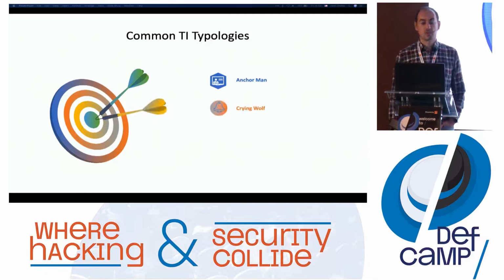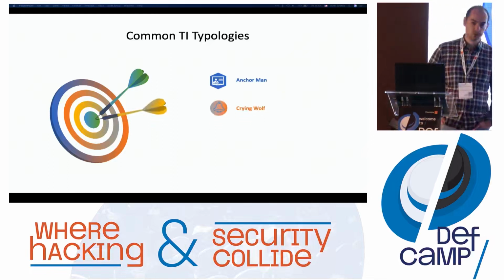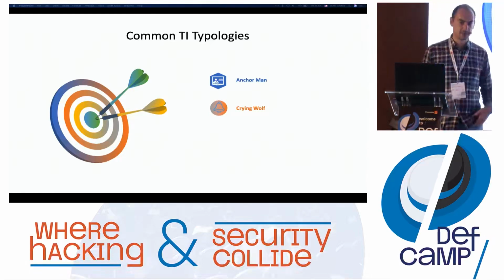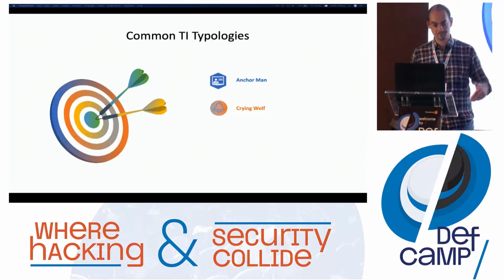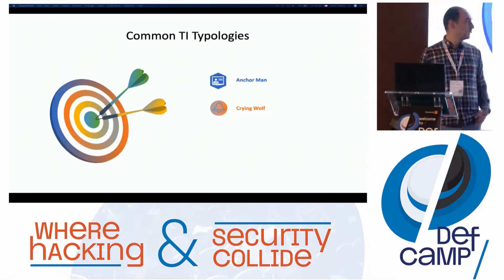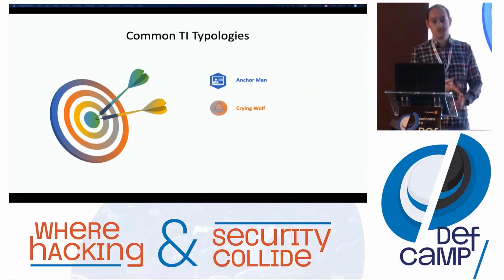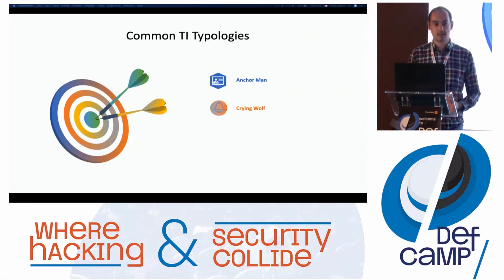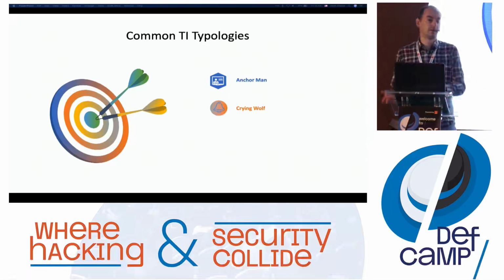The next type is crying wolf. I wanted to name this one before the Undertaker, grave digger. Why is that? Because this type of threat intelligence analyst comes either from an MSSP, or it's a vendor, or an internal or external threat intelligence analyst who wants to impress your CISO or your SOC manager, hoping that he might be hired or something.